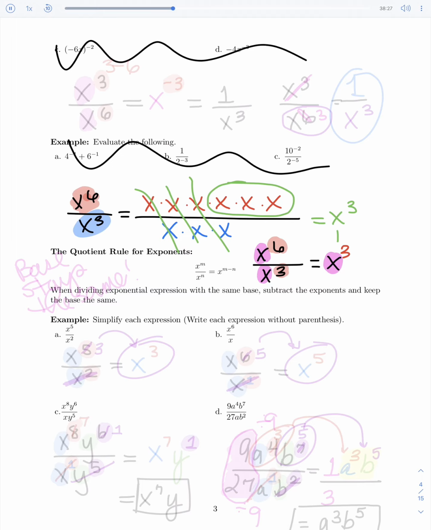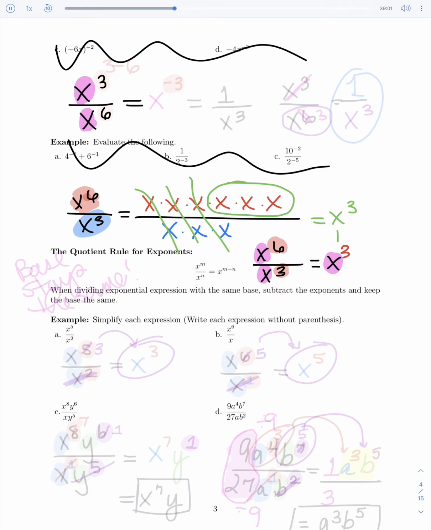Notice when we were subtracting the exponents, we always take the one that's on top minus the one that's on the bottom. That is important because sometimes we're going to end up with negative exponents. So had I flipped this upside down and did x to the 3rd over x to the 6th, doing the shortcut, what we would have gotten was, well, the base stays the same, so the x's stay the same, just like in the last one.